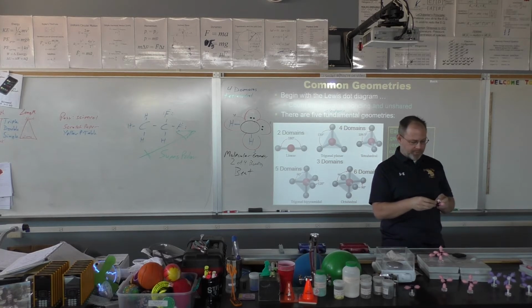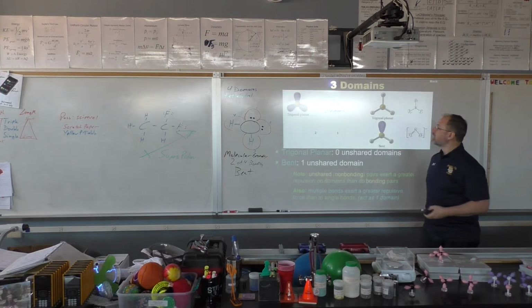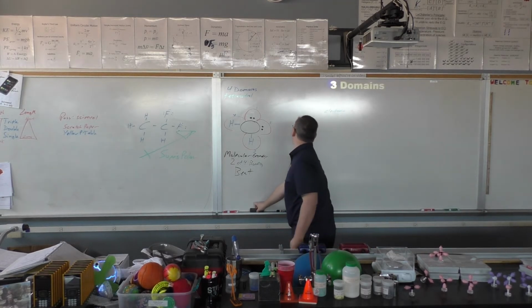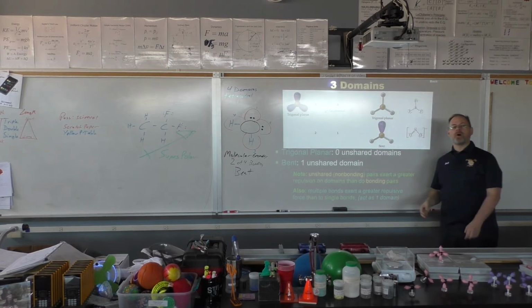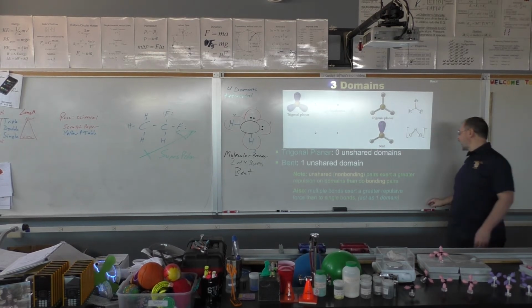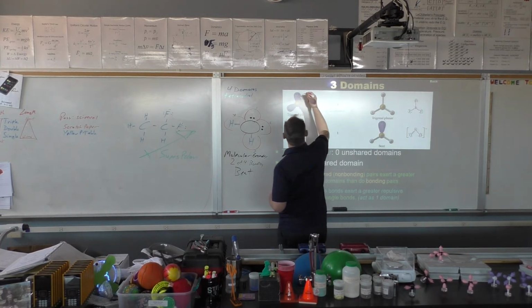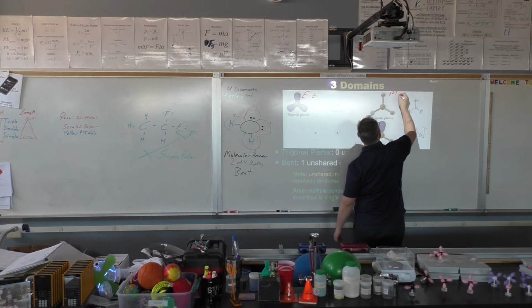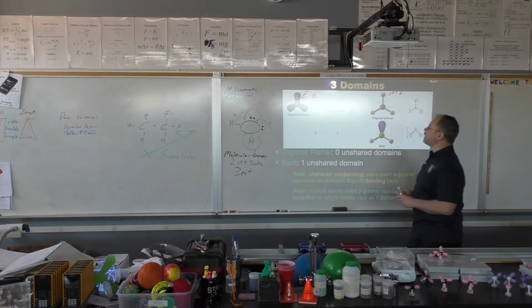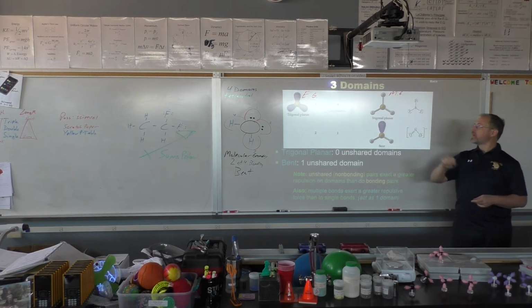Okay, so here's the diagram. There's your 5 fundamental domains. If you have 3 domains and all of them are bonding, then the molecular geometry is also trigonal planar. So the electronic geometry is trigonal planar if you have 3, and the molecular geometry is trigonal planar if all of them are bonding, and bent if one of them is unshared.